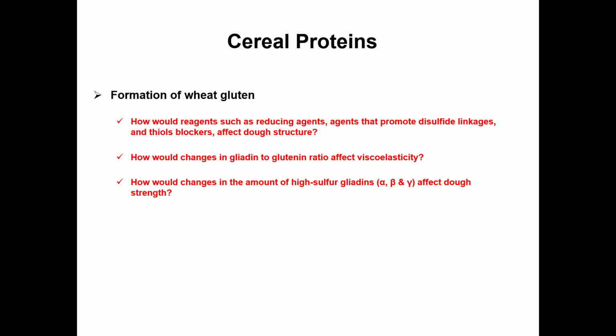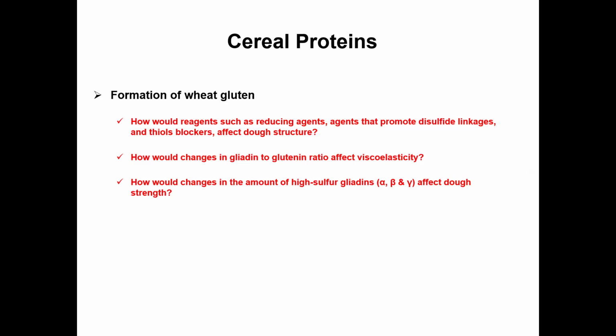How would reagents such as reducing agents, agents that promote disulfide linkages, and thiol blockers affect the dough structure? If you put a reducing agent, you're reducing disulfide linkages. But the concentration and type of reducing agent is important.